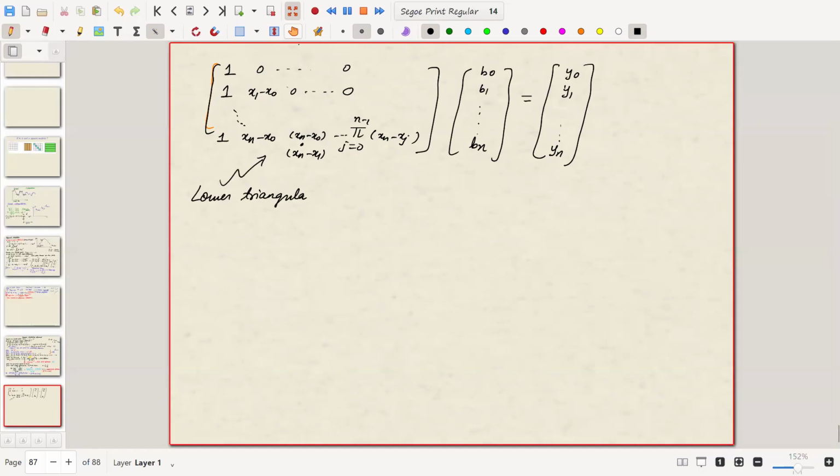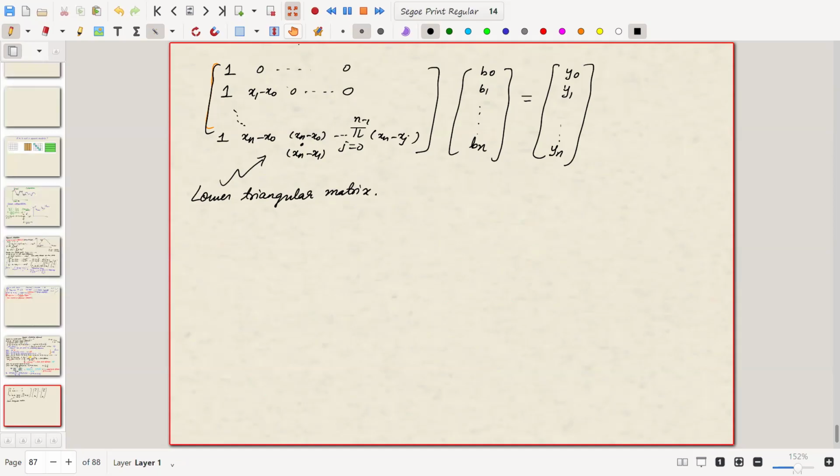Inverting a lower triangular matrix is easier than inverting the Vandermonde matrix. So you can think that this method is even more efficient than the previous method I told you, using the Vandermonde matrix. But this is just the interpretation I want to show, we won't compute the inverse of this. Okay. There is an even easier method than that.